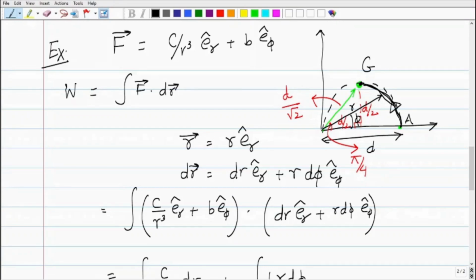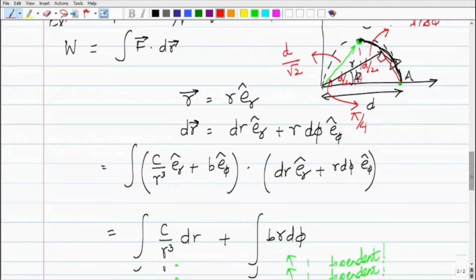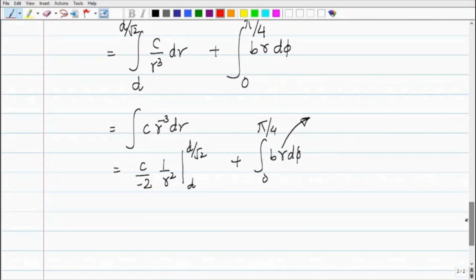Since this is a circle, this is going to be a right triangle, and that means this small r is simply d cos phi, isn't it? So we can substitute small r as d cos phi.